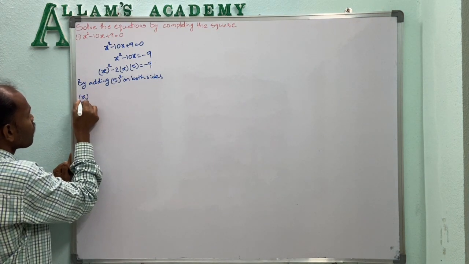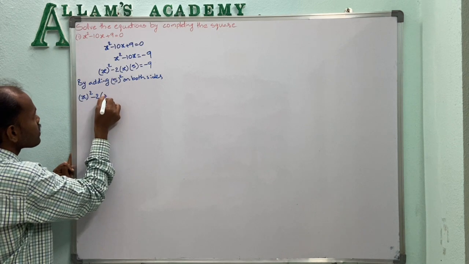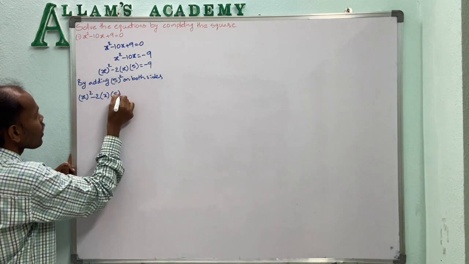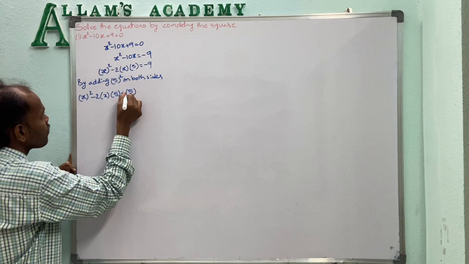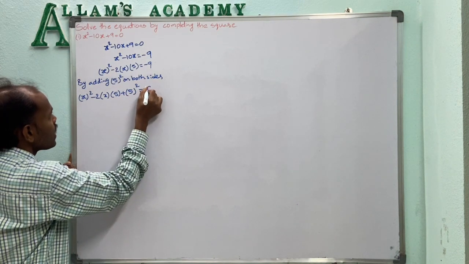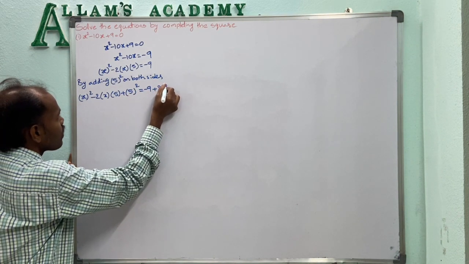So x square minus 2 into x into 5 plus 5 square equals minus 9 plus 5 square, which is 25.